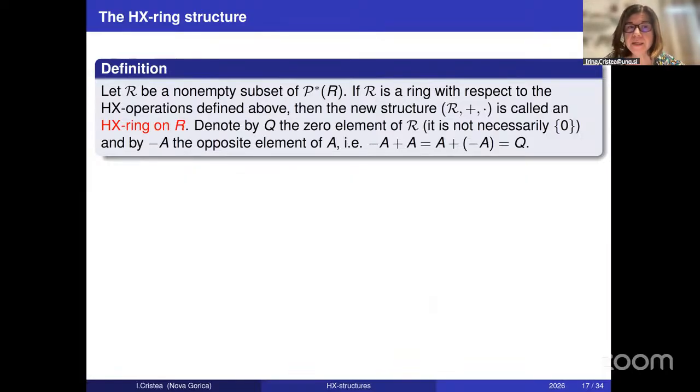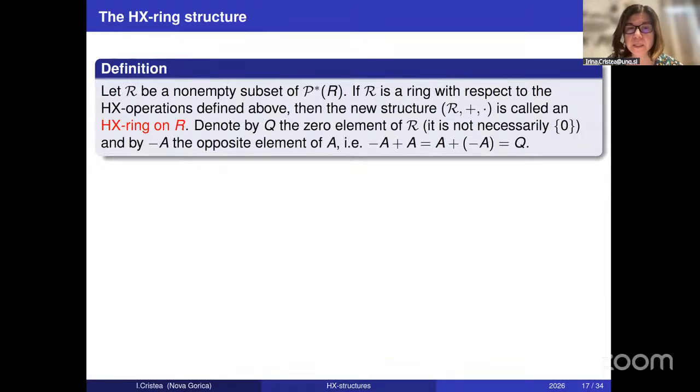And here we have to define two operations, and it's a classical definition of a ring. We denote by Q the zero element of R, and we also have to pay attention to how the opposite is defined.